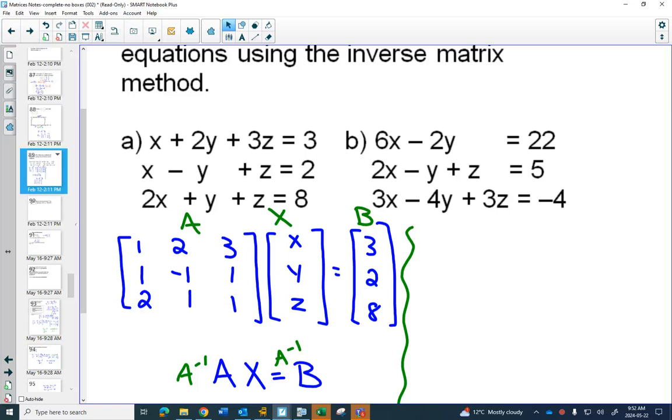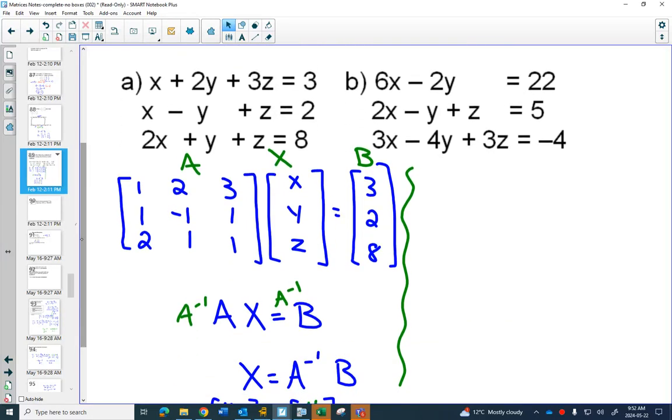And then you would put both A and B into your calculator. If you wanted to get X by itself, you would have to multiply the fronts of both sides by A inverse.